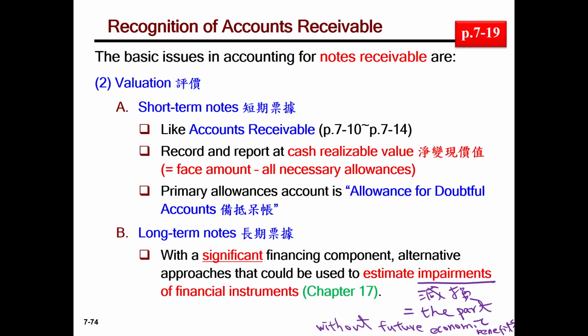If you don't have any questions, then for the second point of time, valuation, the amount we are going to report on the balance sheet depends on short term or long term. Short term, we will use the allowance method to estimate bad debt expense. For long term, we will use different methods, but we haven't mentioned them yet.